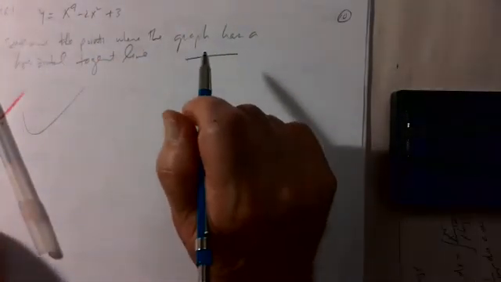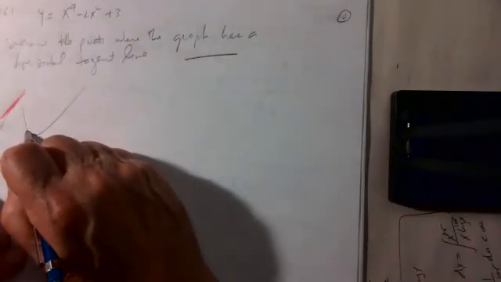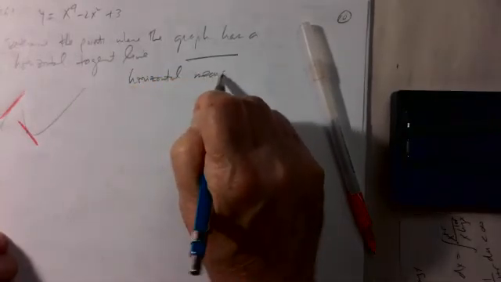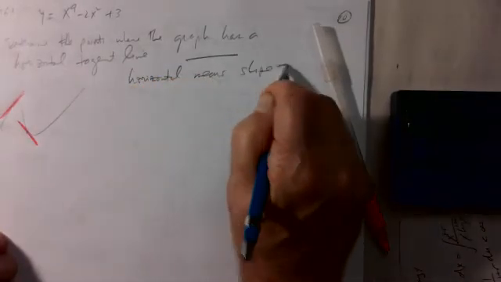If you take a point over here, the tangent line will probably look sort of like that. It has a negative slope. Horizontal means the slope is 0. That's what horizontal means.